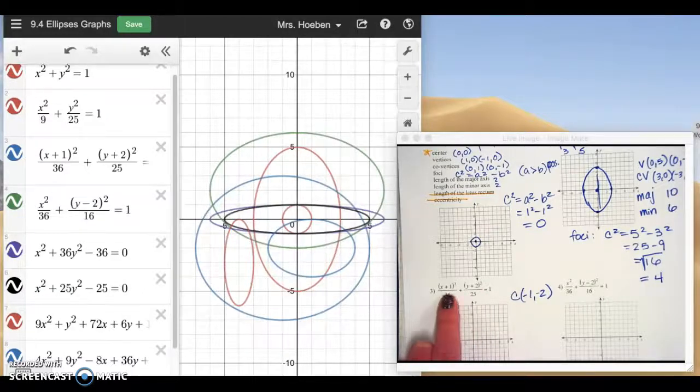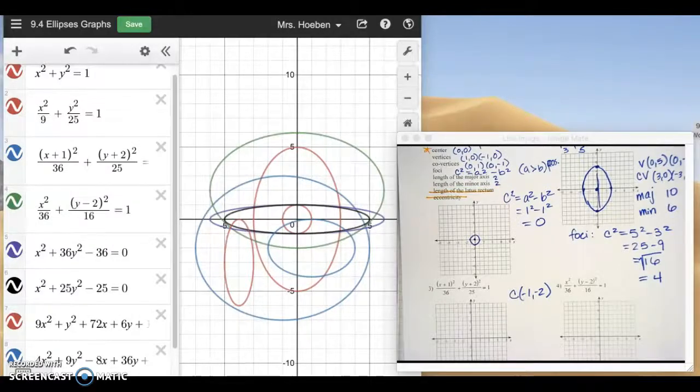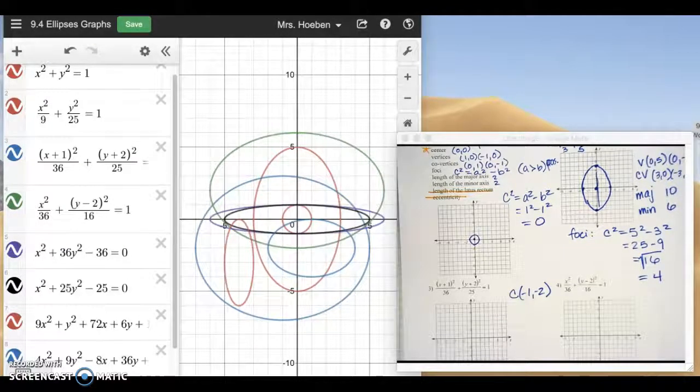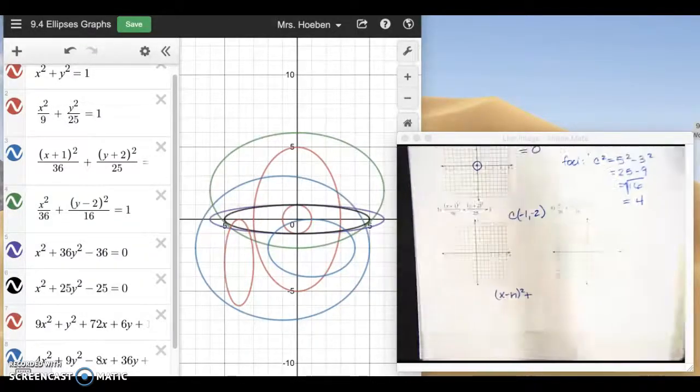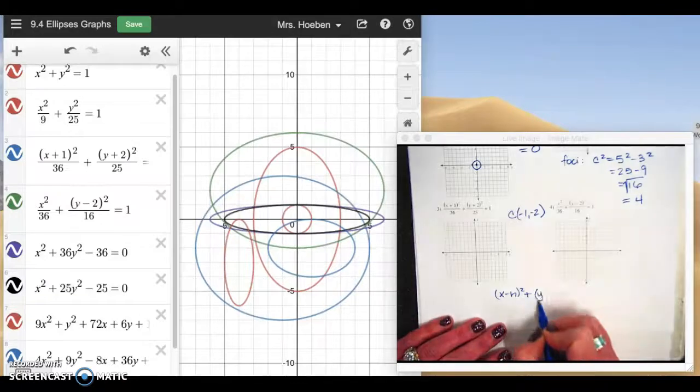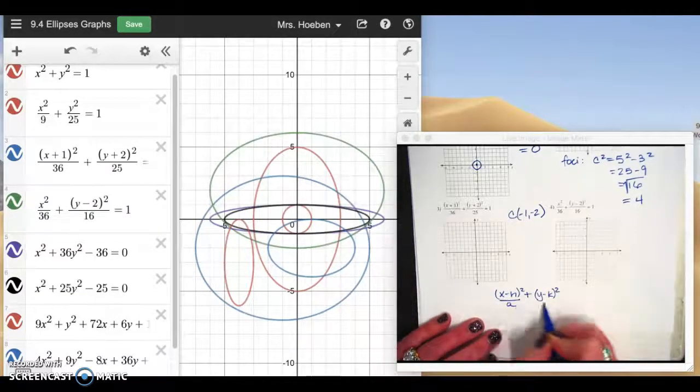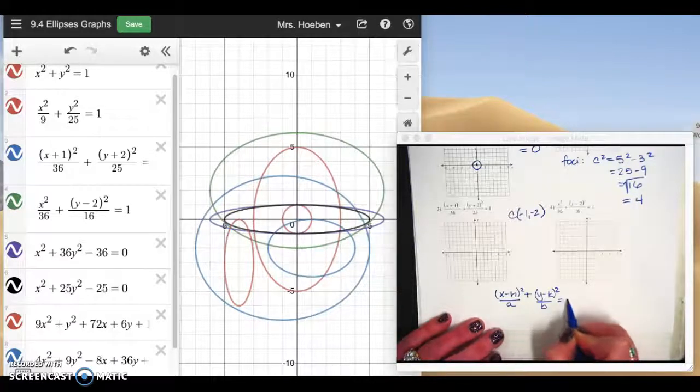This is the h and this is the k, and the standard equation is x minus h squared plus y minus k squared.